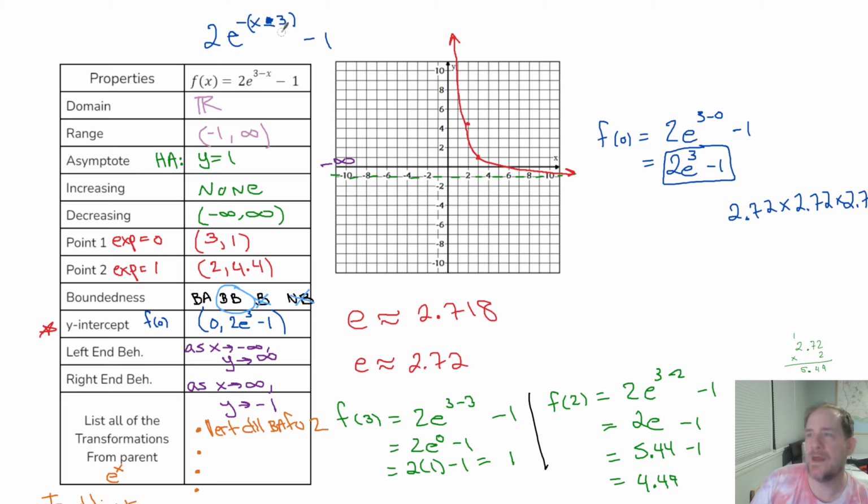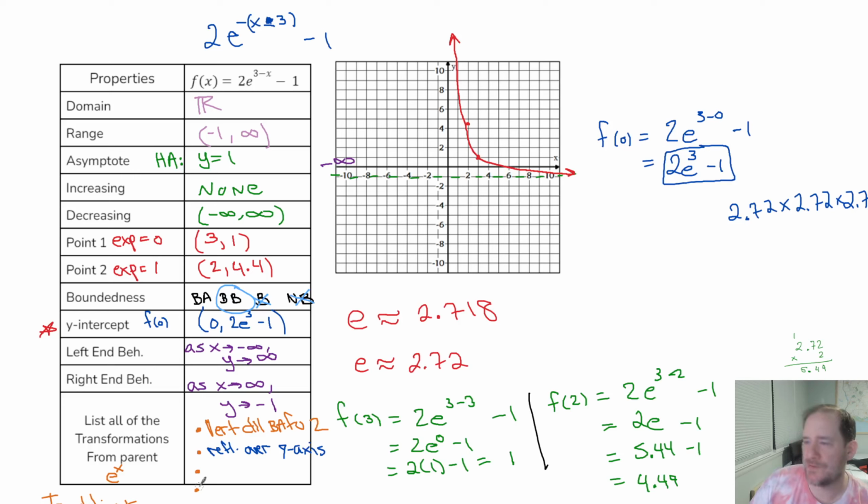minus 1. And if we do all that, then we can see that this negative sign is a reflection over the y-axis. And then the -3 and the -1 are both translations, so we'll do them last.